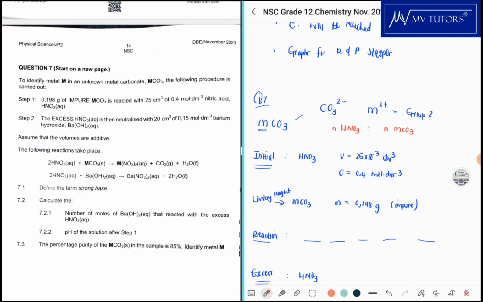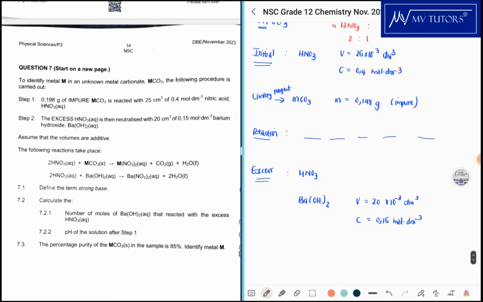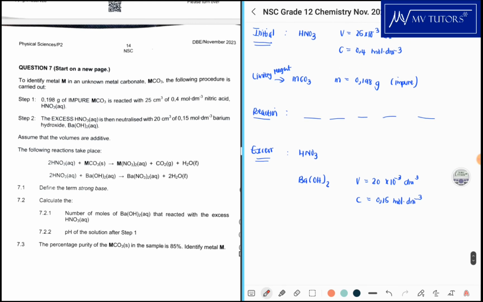So the ratio that we have there is a 2:1 ratio. Okay, and then if we look at step 2 with the excess nitric acid, we also have a 2:1 ratio. So also number of mole for the nitric acid to number of mole for the barium hydroxide. So it also has a 2:1 ratio.